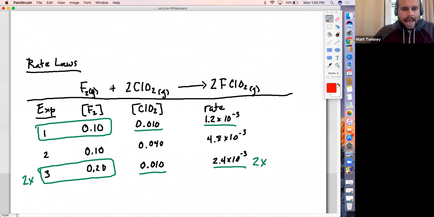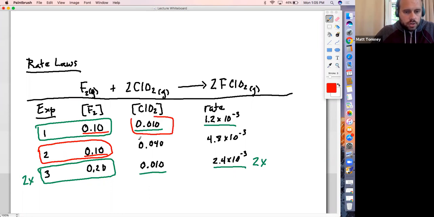Then I take a look at how does the ClO2 affect this. So now I'm going to reaction 2, right? I see that there's a constant hold on the fluorine between 1 and 2, but I have a change in the ClO2 concentration. Specifically, it's a 4-fold change.